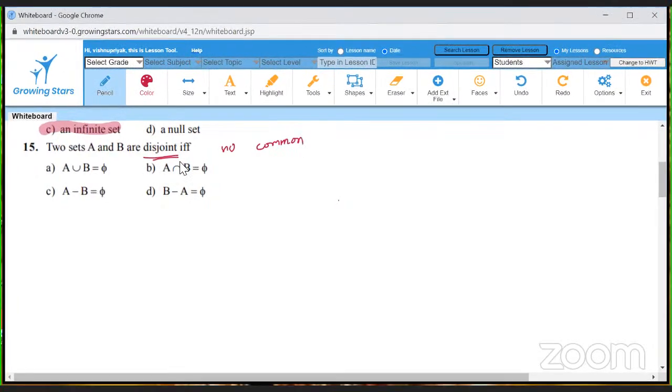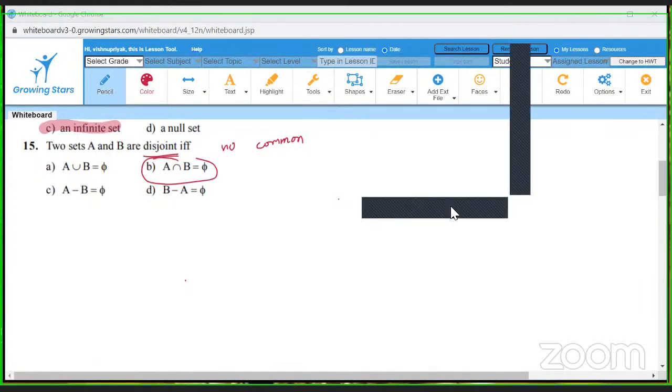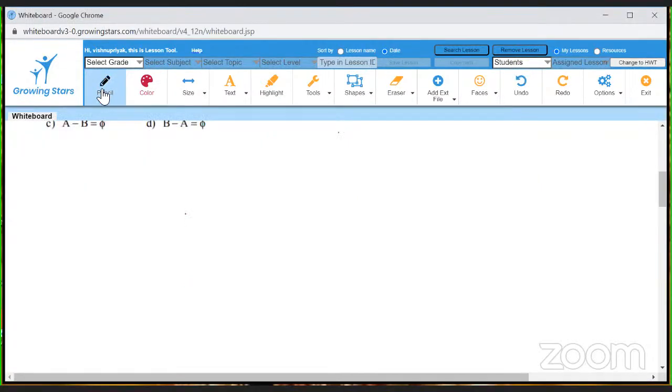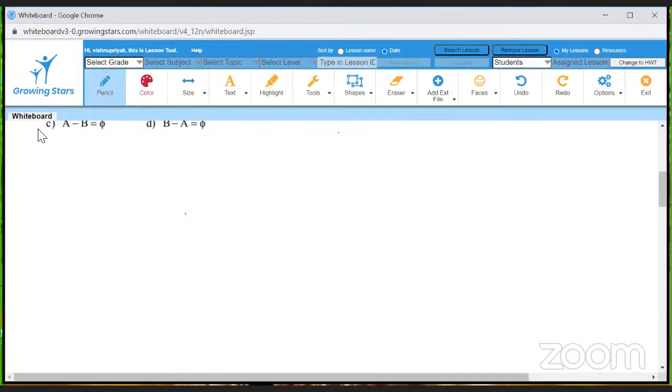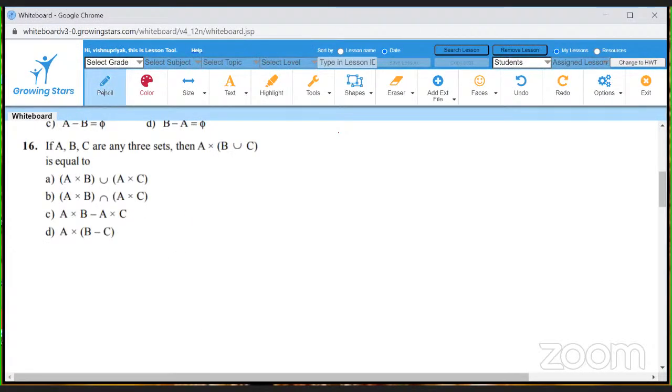That means again intersection will be empty set. Yes, Vidya and Kumar, B is the correct answer. Okay. I'll put the next question. Question number 16.